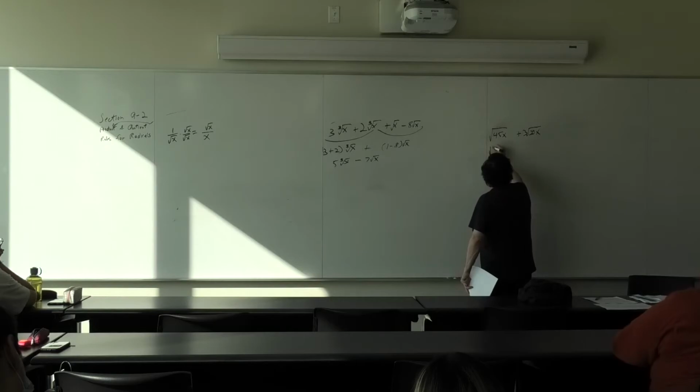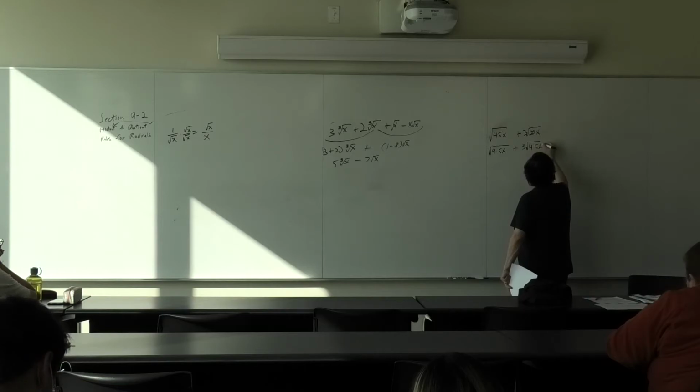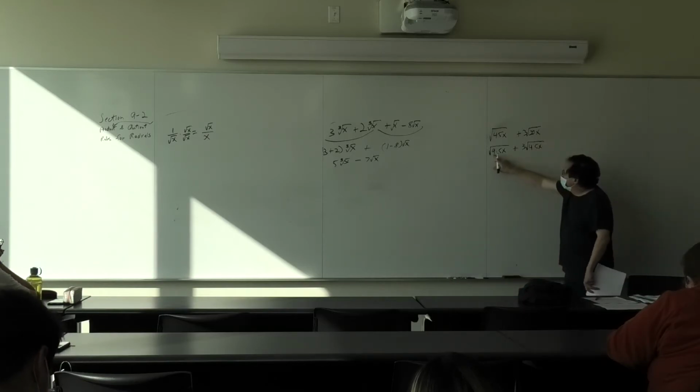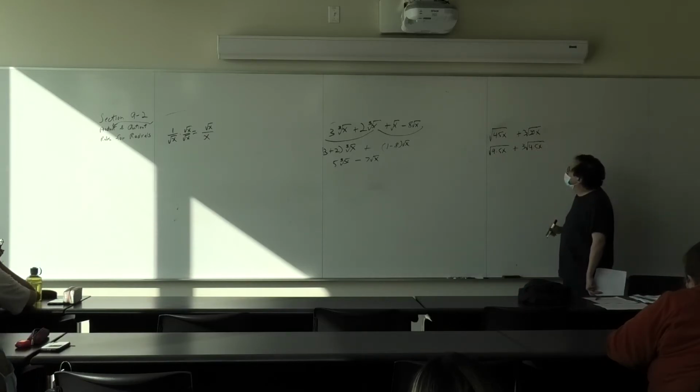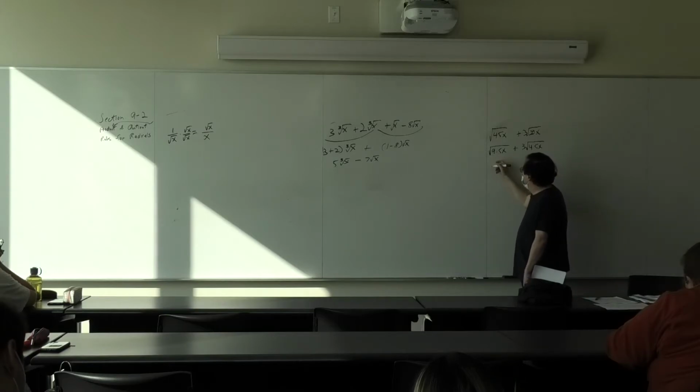We've got square root of 9 times 5x, and here we have 3 times the square root of 4 times 5x. And we see, oh, that's a square, and that's a square. So skipping a few lines here, square root of 9 is 3 times the square root of 5x.